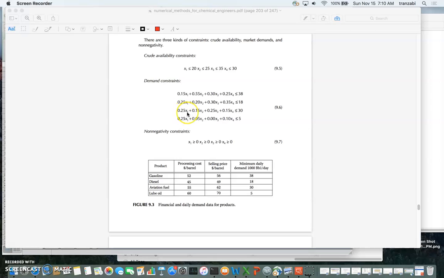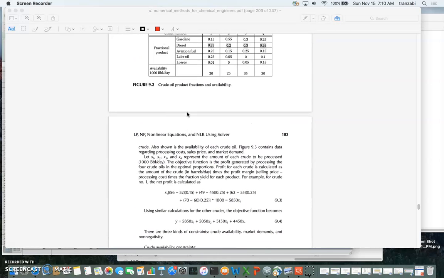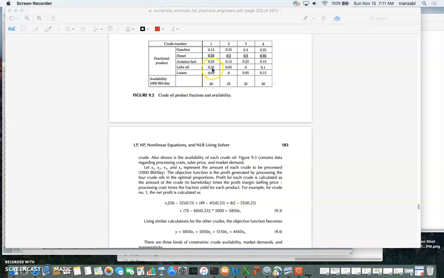This says 25% of X1 product. Let's see, so we look at the third row here. 25% of product 1 is aviation fuel. 15% of product 2 is aviation fuel. 25% of product 3 is still aviation fuel, and 15% of product 4 is aviation fuel as well.